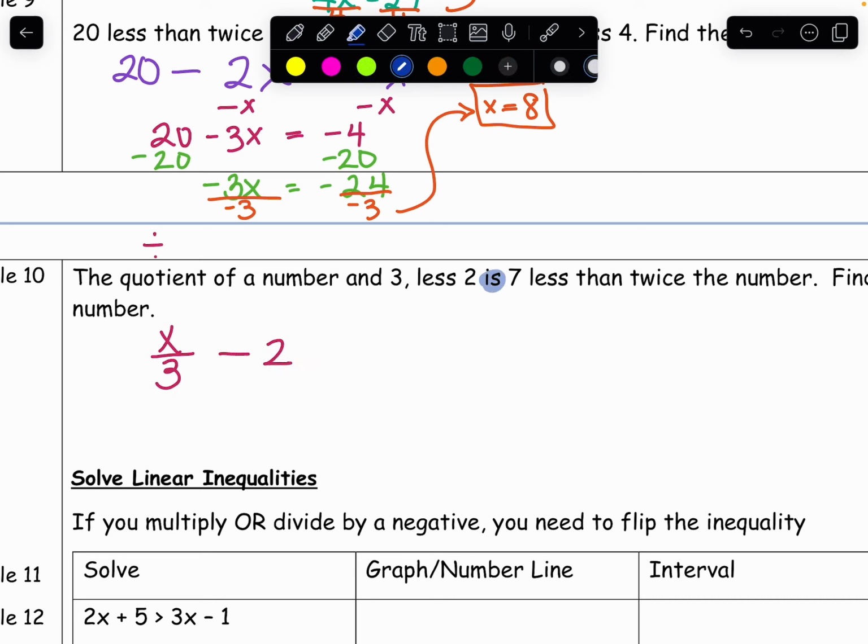Notice how that word "is" shows up, so this is where we bring in that equal sign. 7 less than twice the number. Because it's saying 7 less than 2 times the number, we're not subtracting from twice it. We are taking the number and multiplying it by 2 and then subtracting 7. So this one you have to flip around. Be careful.